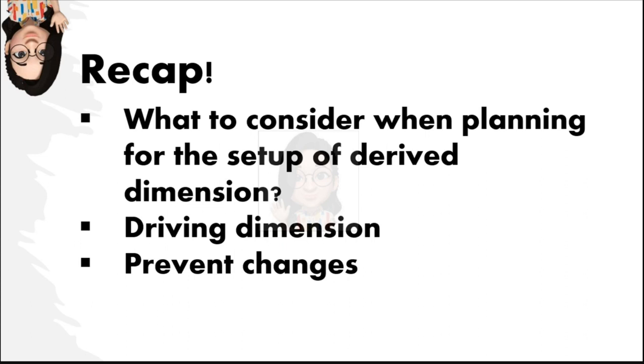And of course, we need to consider if the client wants the derived dimension segments, from the driving dimension up to its derived dimension combination, to be changed, or wants a prevention of that change from happening.